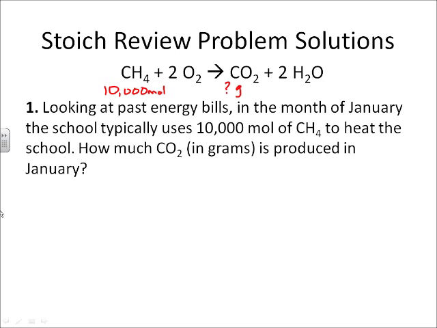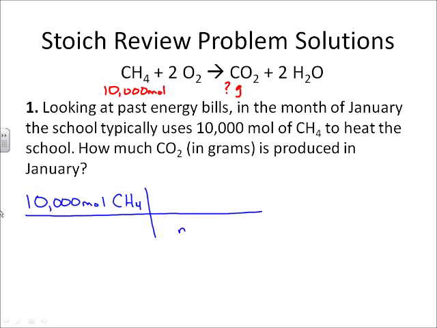So we start with 10,000 moles of our CH4. Now, we're already at moles, so we don't need to do a gram problem. We can just go straight to our moles of CH4 to moles CO2 step. I'm going to use my coefficients from the balanced equation there. They both happen to be 1.